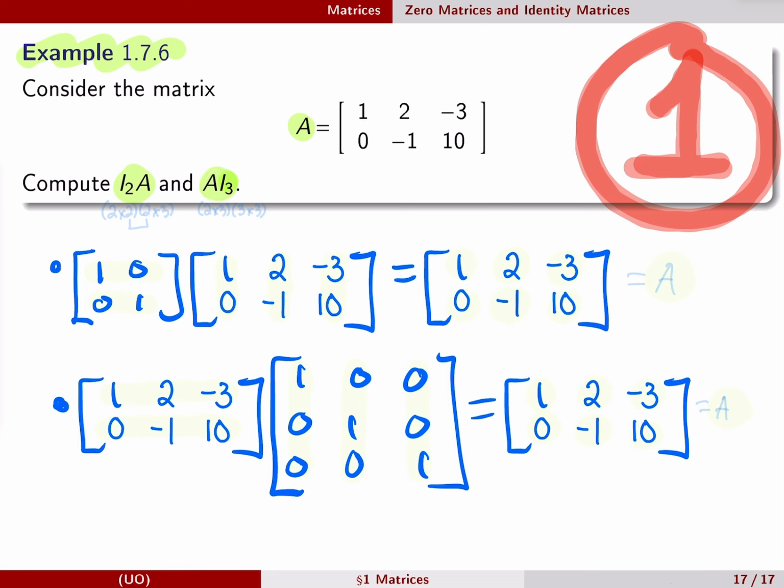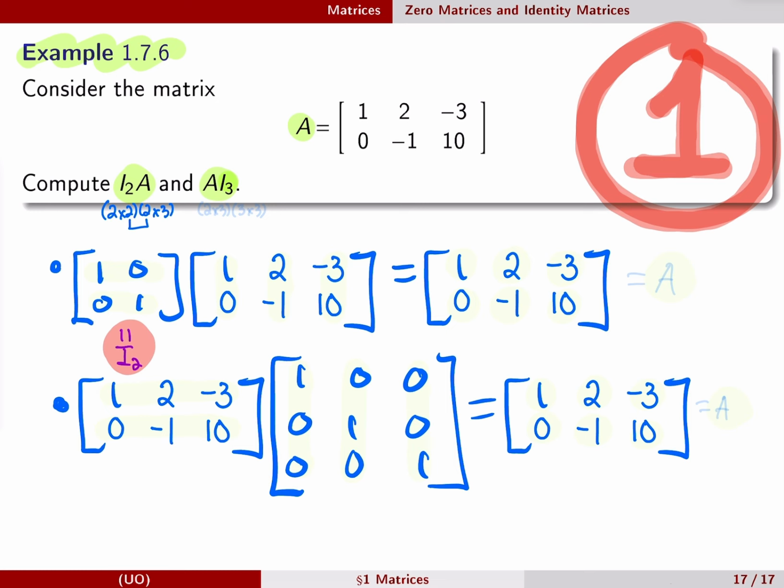Here, notice that I have to use different identity matrices because I want to make sure that the matrix multiplications are defined. So I need I2 first because I want the 2 by 2 multiplying the 2 by 3. I want to make sure that the inner numbers match. So the only identity matrix that I can have on the left side is a 2 by 2.